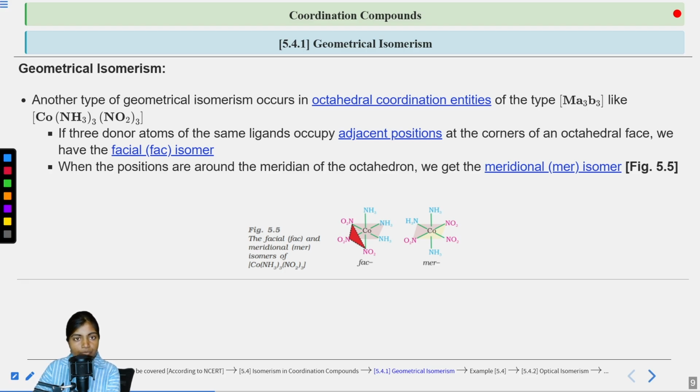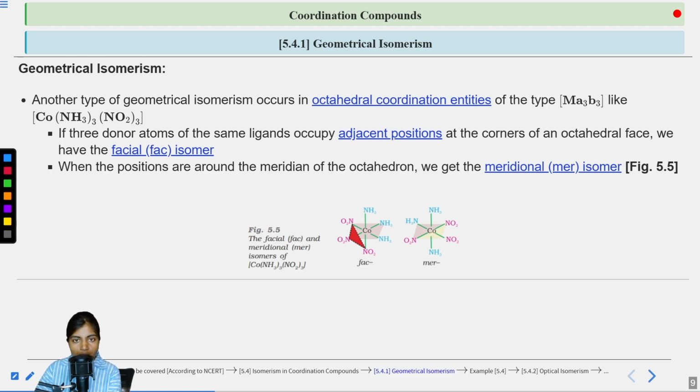So when these three donor atoms of the same ligand NO2 occupy adjacent positions at the corners of an octahedral face, this red triangle shows that face at the corners of which the three ligand donor atoms are present, and this forms the facial isomer of this complex.